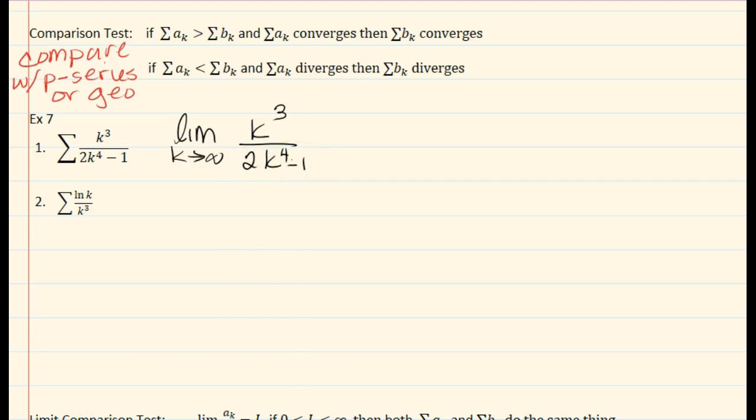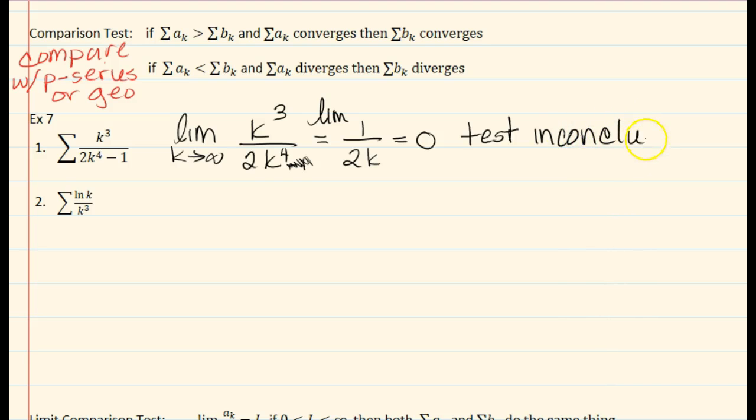Remember, when we're looking at limits as k goes to infinity, we can ignore the lower terms and just take a look at the highest exponents. We find that this simplifies to 1 over 2k, and when we take the limit of that as k goes to infinity, we find it equal to 0, which means our test is inconclusive. That means we need to try another test.